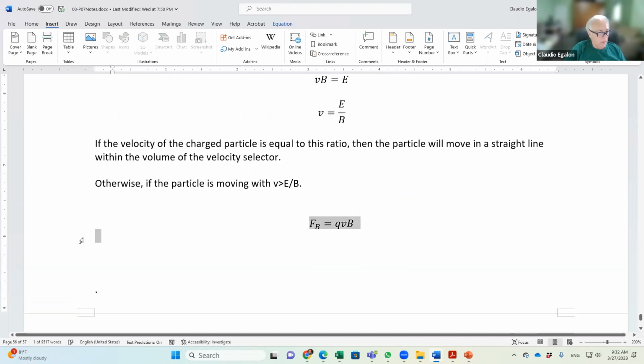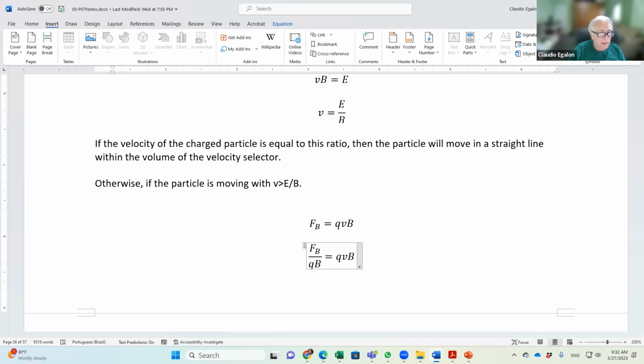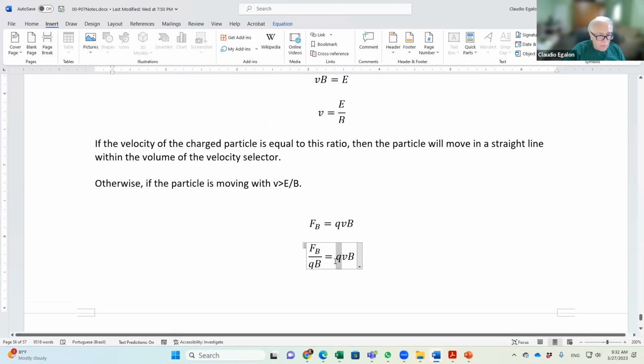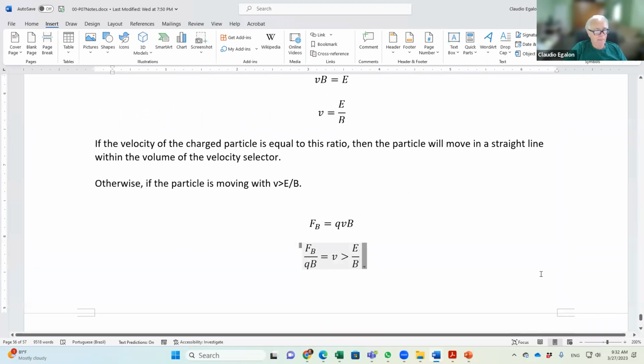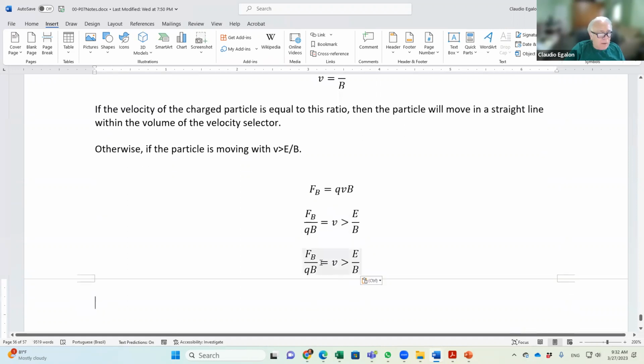We put it like that: F of B, the magnetic force, divided by QB, and now I'm saying that this is going to be greater than E divided by B. Consequently, this is an inequality.